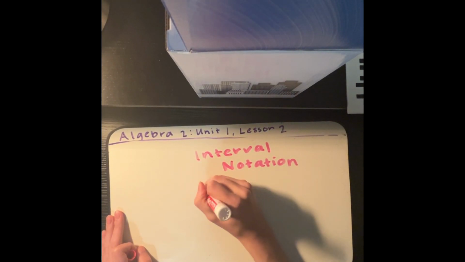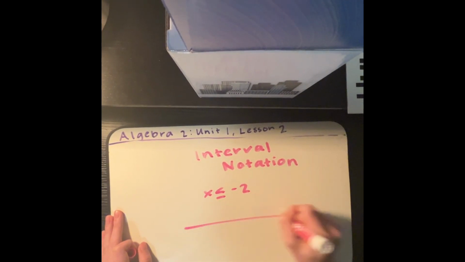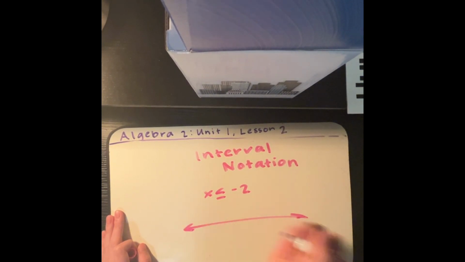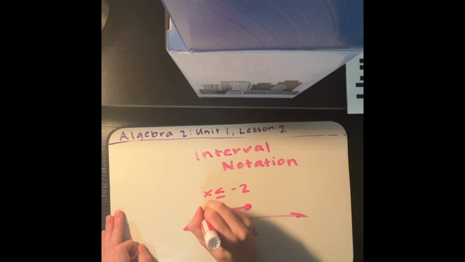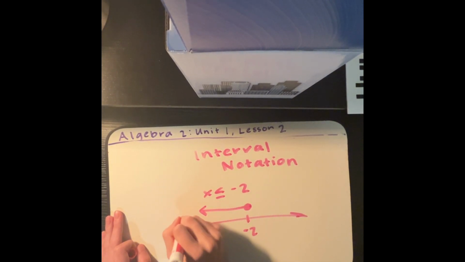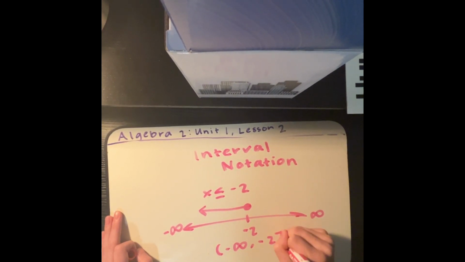Let's do x is less than or equal to negative 2. So showing this on a graph, we're going to have negative 2 right here. We're going to have a closed circle this time, and it's going to go to negative infinity over here. So this is how to graph it. And then if we write it in interval notation, it's going to be negative infinity with a parenthesis and negative 2 with a bracket.